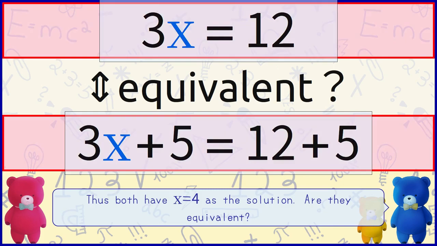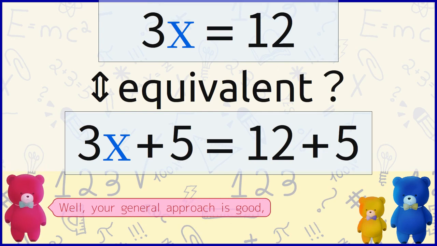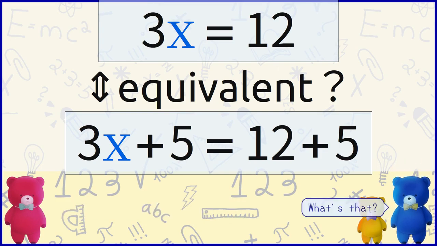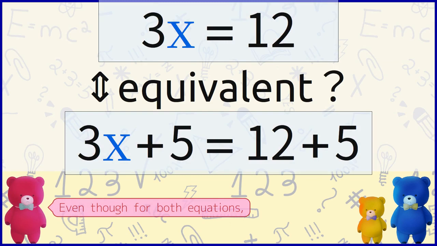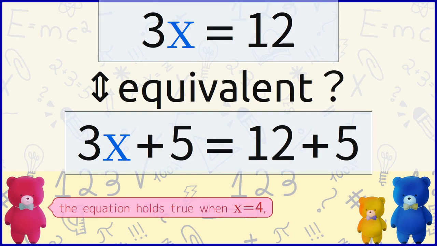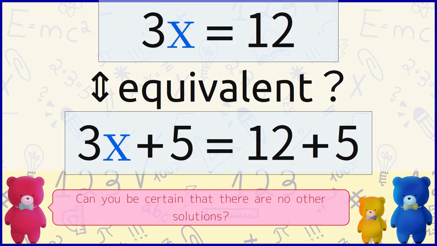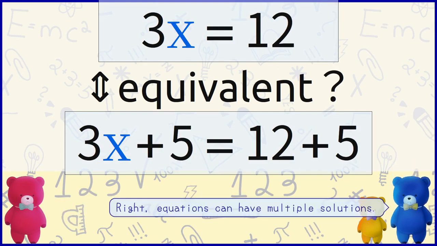Are they equivalent? Well, your general approach is good, but there's a significant issue. What's that? Even though for both equations, the equation holds true when x equals 4, can you be certain that there are no other solutions? Right, equations can have multiple solutions.